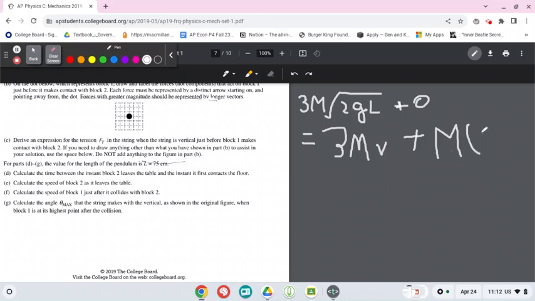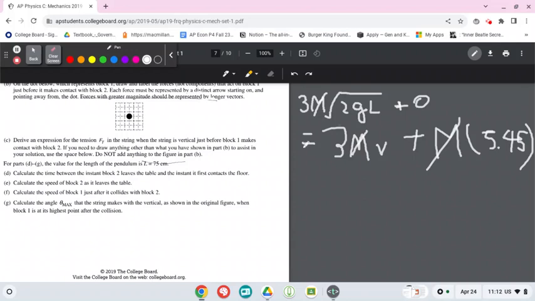So we can just put that in, 5.45. We can cancel out the m's now. We can plug in g equals 9.8 and L equals 0.75.